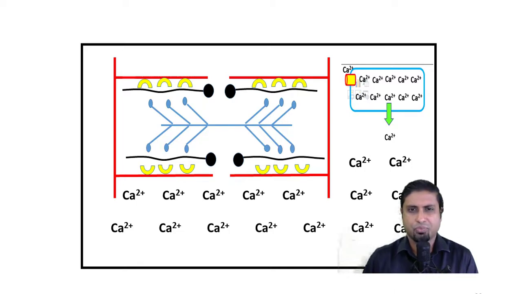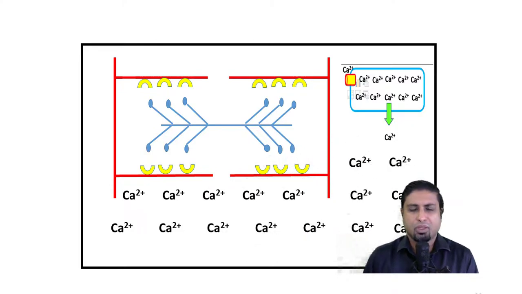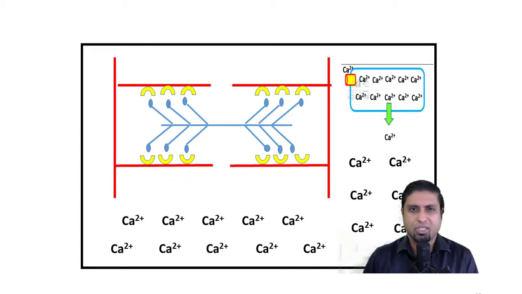Some of this calcium will bind to the troponin heads, and when this occurs, there is lateral displacement of tropomyosin, as you can see here. So now the myosin heads are free to interact with actin. Now let us see how that interaction occurs.